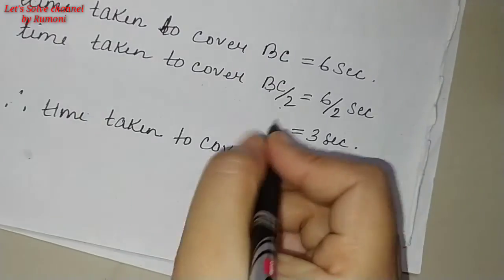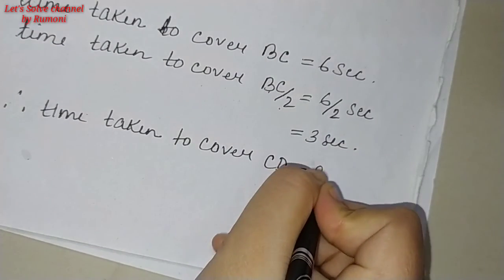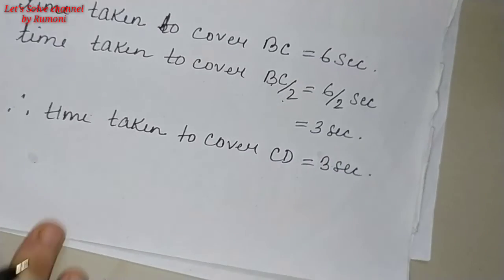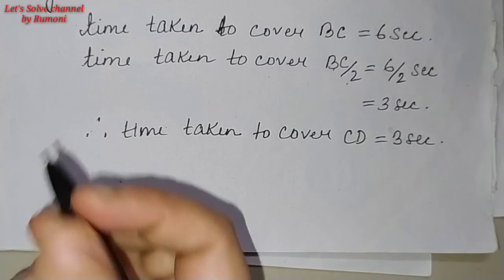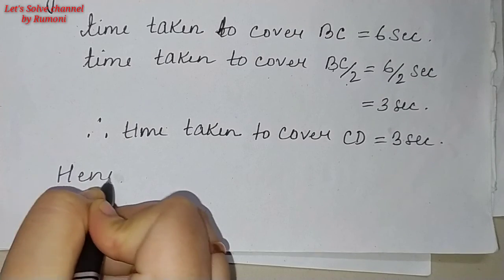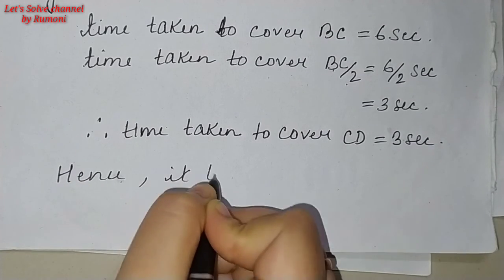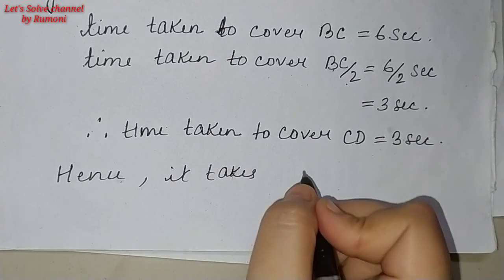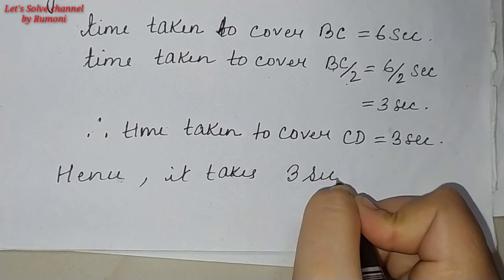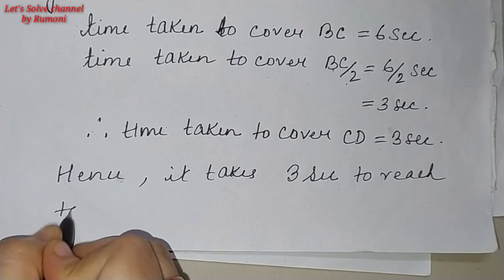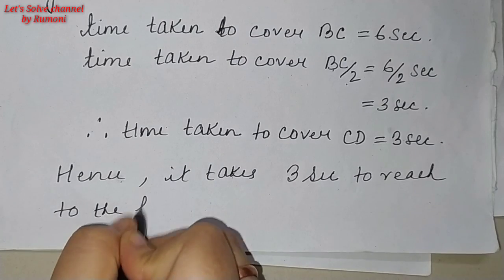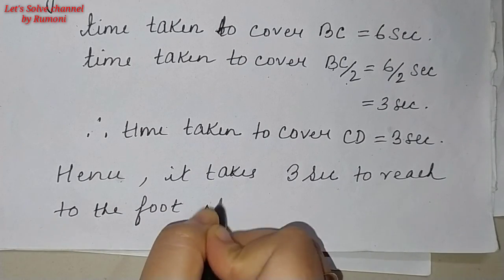Okay. So CD equal to 3 seconds. So this is your answer. So at last you write down, hence it takes 3 seconds to reach to the foot of the tower.